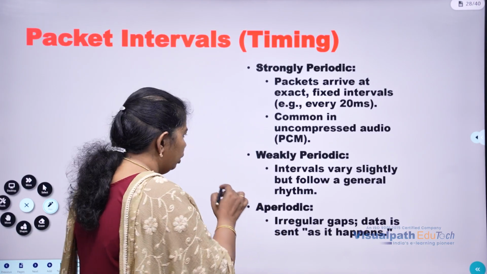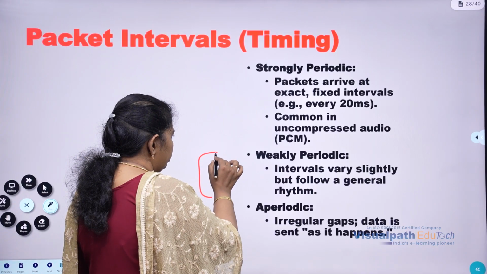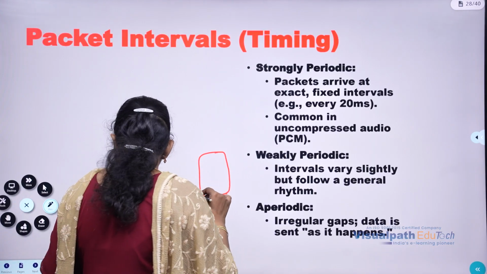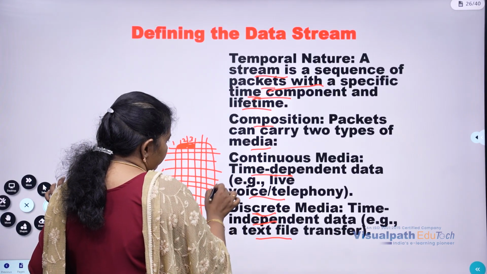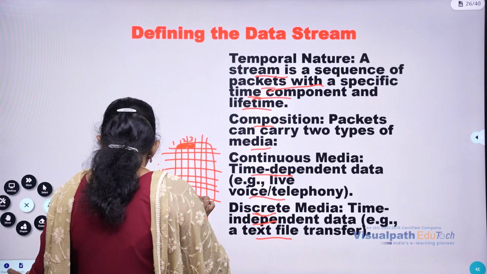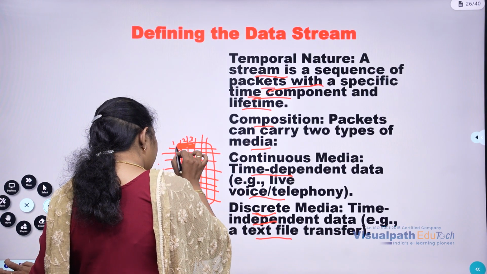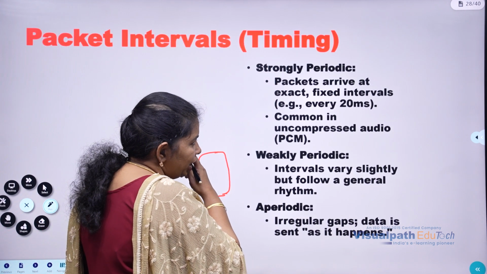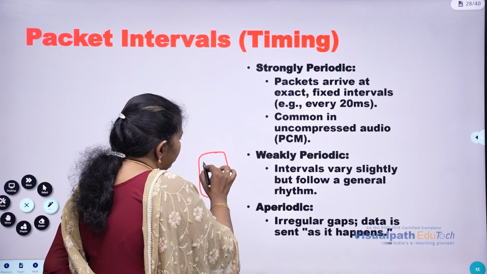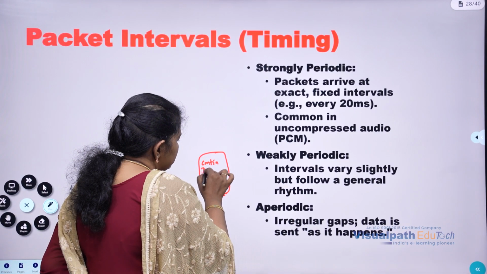So imagine I told you a packet. In that picture I have shown, the image is divided into a number of packets. So I'm talking about this packet now. What information will it contain? We told you about continuous and discrete.